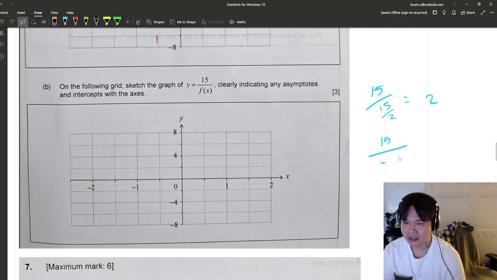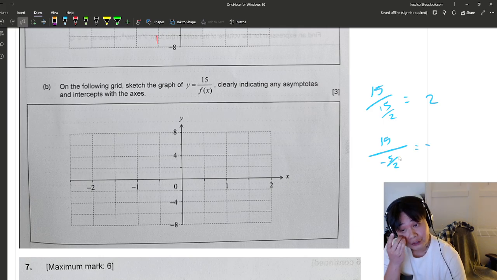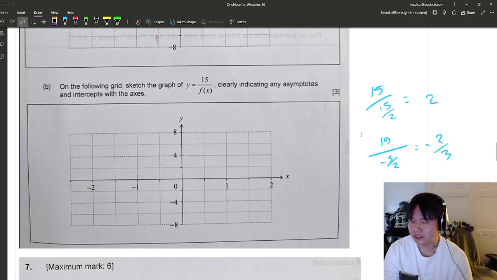15 divided by -5/2. What the heck is this? Like -2/3 or something? Ugh, fraction division. Or is it 6?